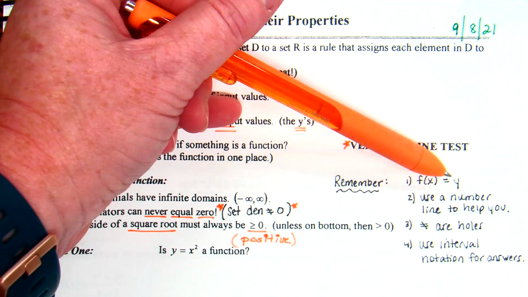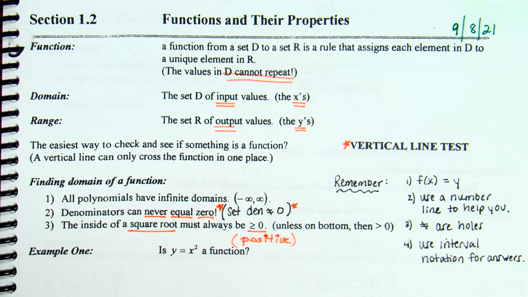You'll see me referring to the number line to help us figure out domain and range. If a denominator cannot equal something, remember there's going to be a hole there. And we're also going to review using interval notation for our answers. So we'll go through all of that as we go through these problems.